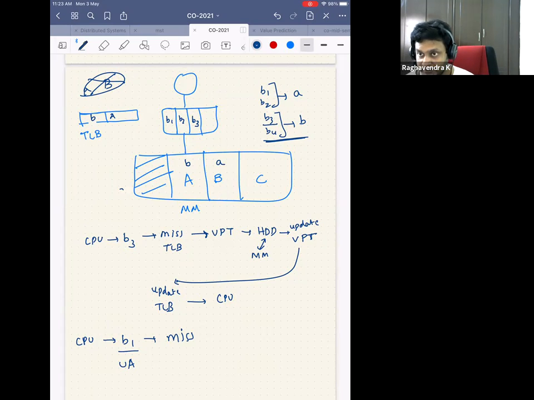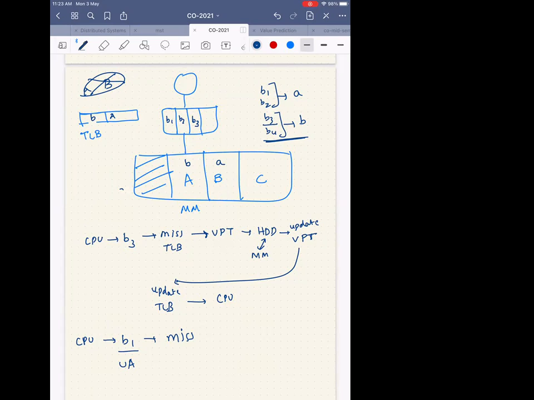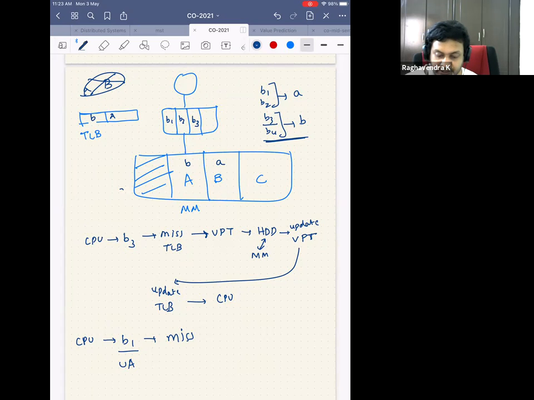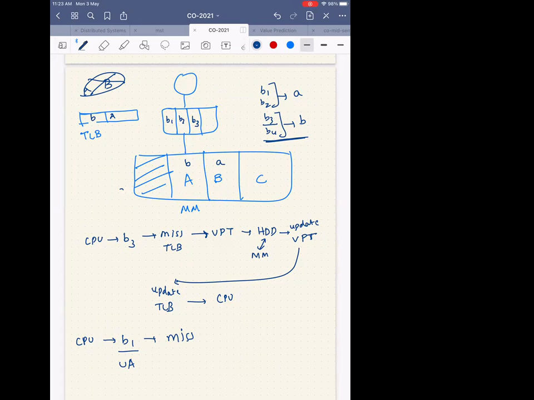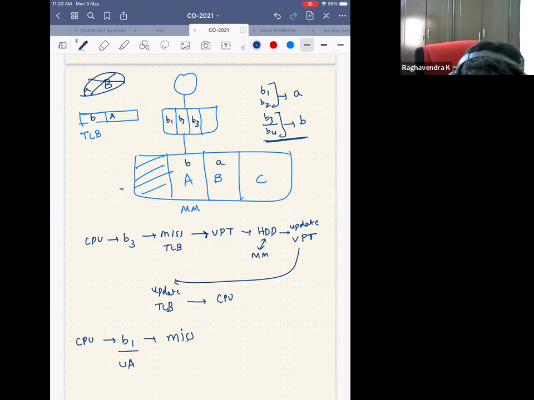Sir, B1 is the physical address, right? B1 is the virtual address. Let's assume that this B1 is getting mapped to this small B1 as physical. It does not matter. So maybe I write it as some other address which is representing B1.